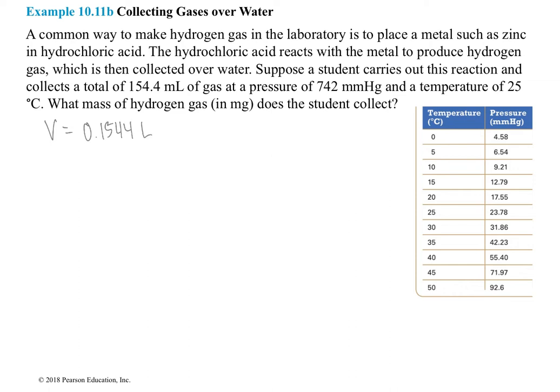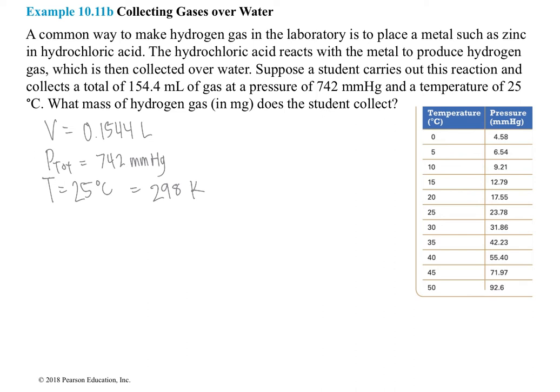And a total pressure equals 742 millimeters of mercury and a temperature of 25 degrees Celsius, which is equal to 298 Kelvin. So what's the mass of hydrogen gas in milligrams that the student collects?